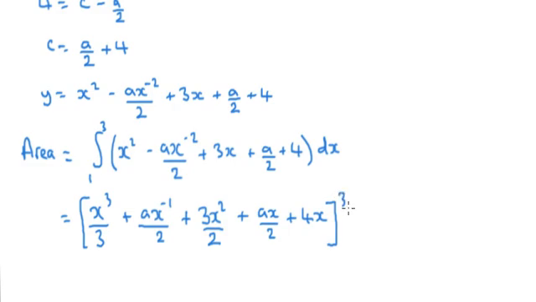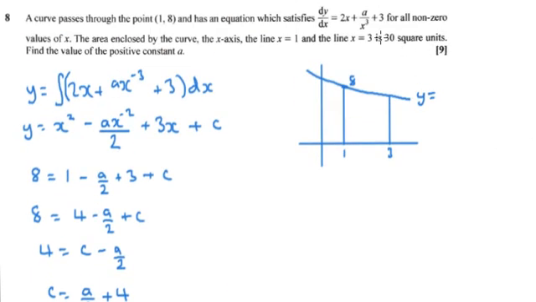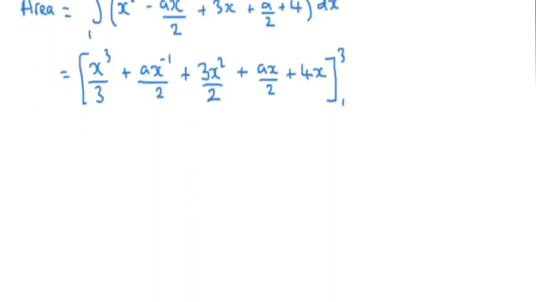So integrating between 3 and 1. And now we know the answer to the area. The area is 30 square units. So this is equal to 30. That's how we're going to find a. So we've got an equation that we can create and have the value of 30 that equals.